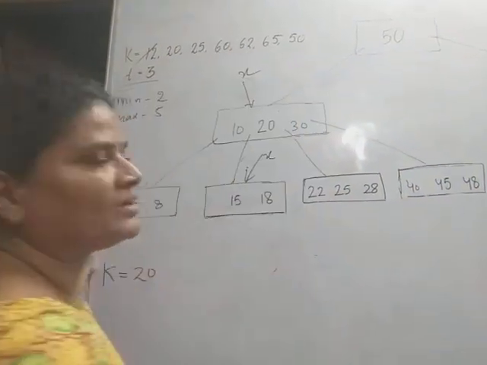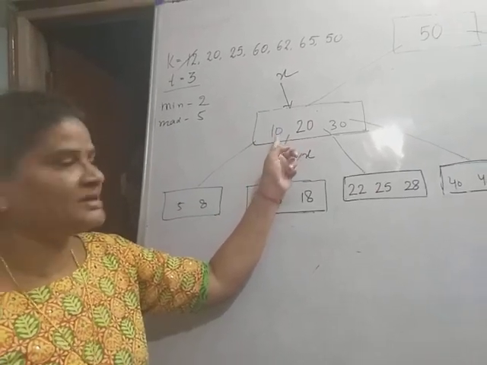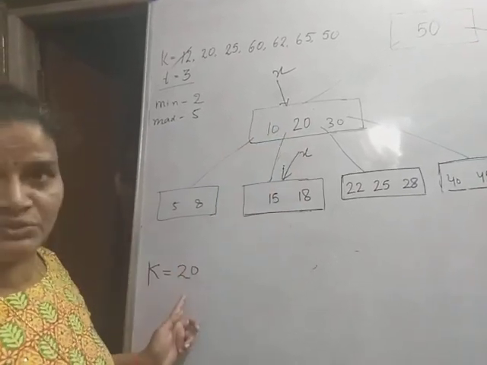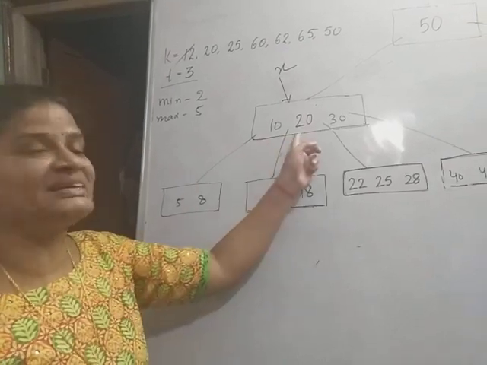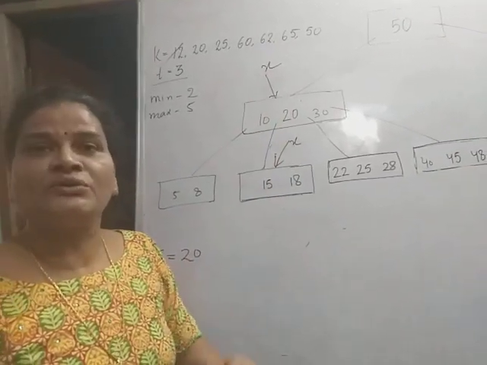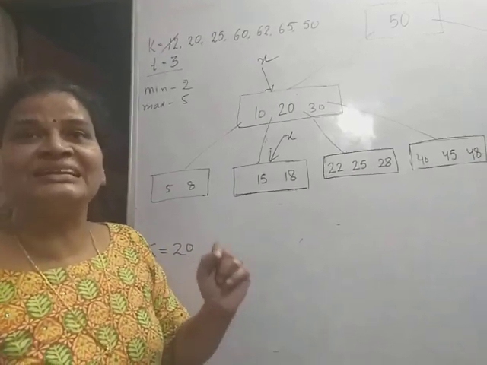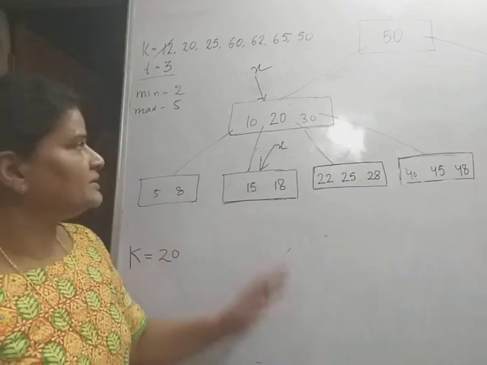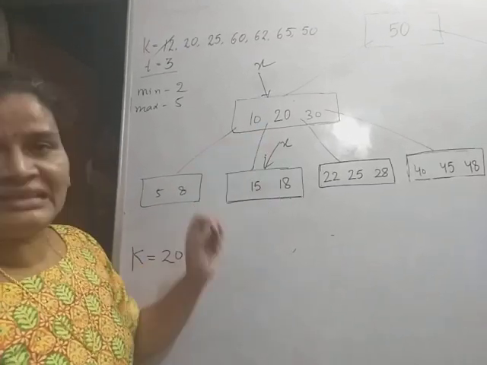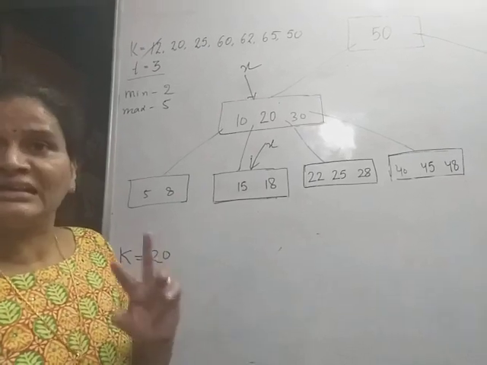Now here X is not a leaf, so the first case does not apply. The key 20 to be deleted is present in the node pointed by X, so it will go to the third case, where K is present in the internal node. In this third case there are again three cases.